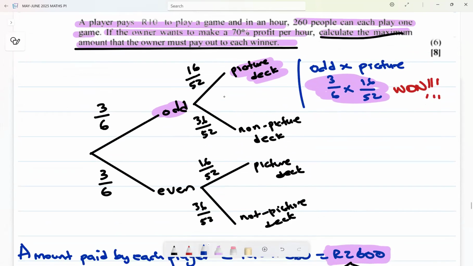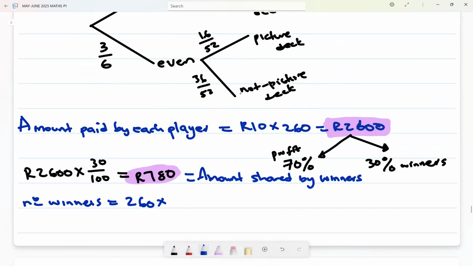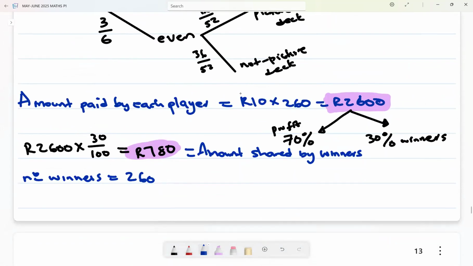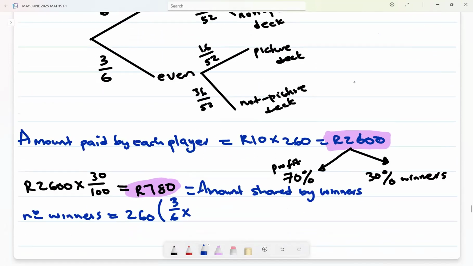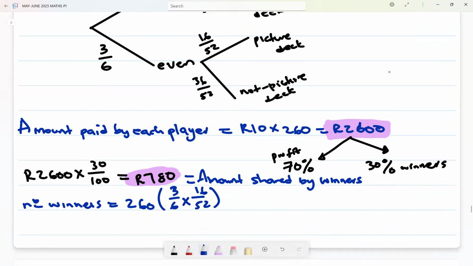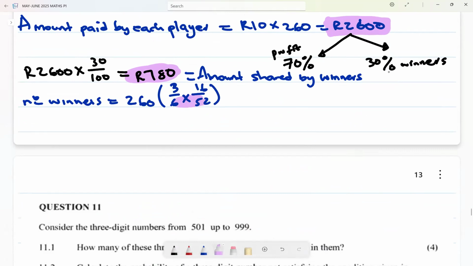The chance of winning will be 3 divided by 6 multiplied by 16 divided by 52. So this is the probability of a player winning, and there are 260 players.